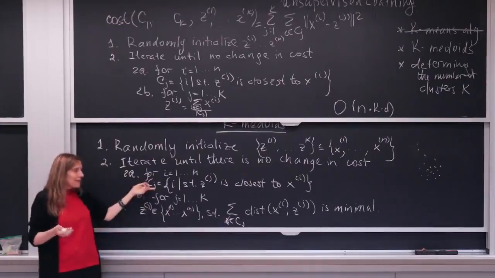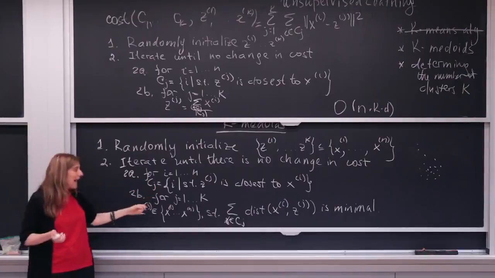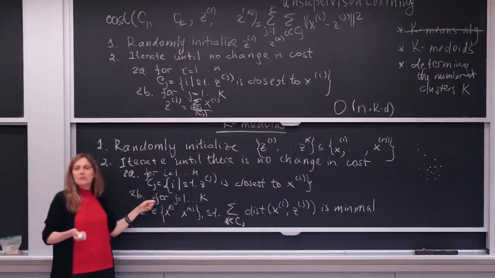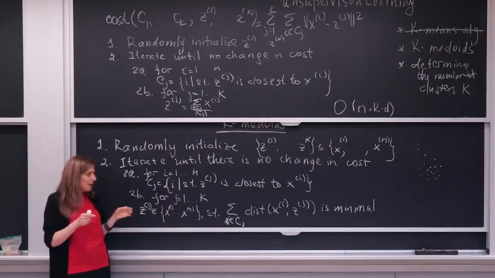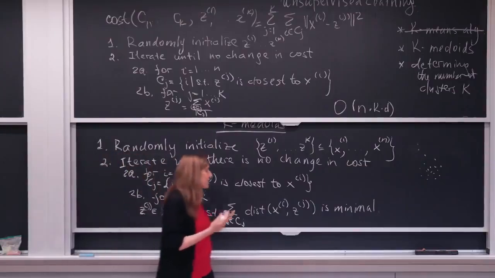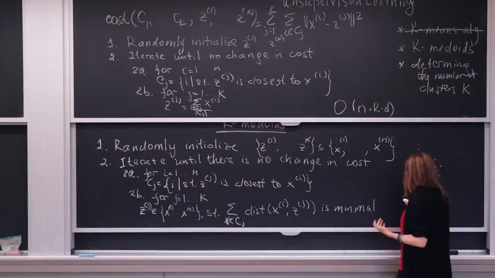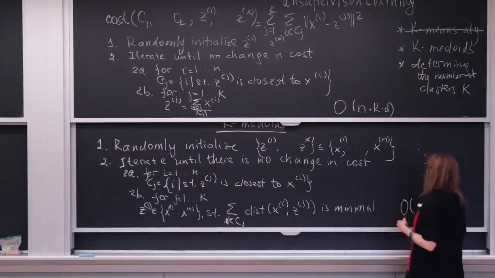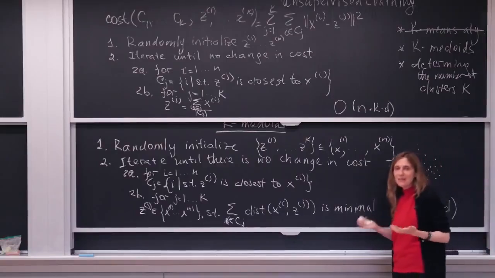In this algorithm, step 2a costs exactly the same. However, here we are going to be paying much more, because now we need to compute the distances between every pair of points, and if we are using a straightforward implementation, the order that we are going to be considering is n squared kd. And I'm talking about the most naive implementation.